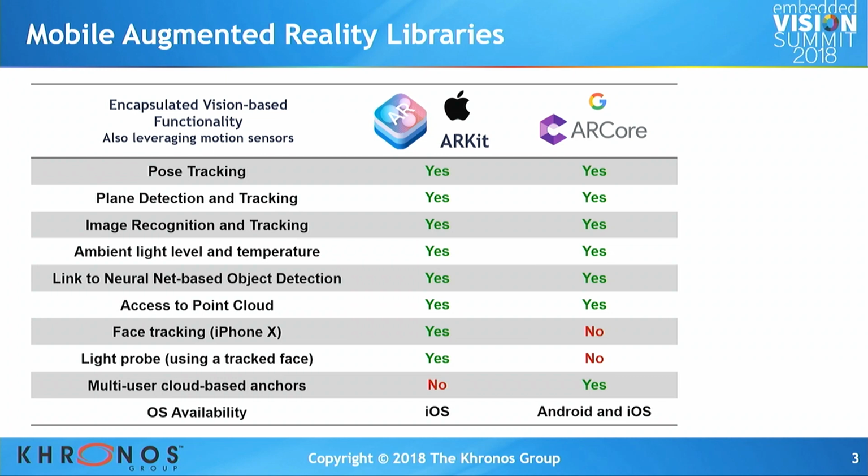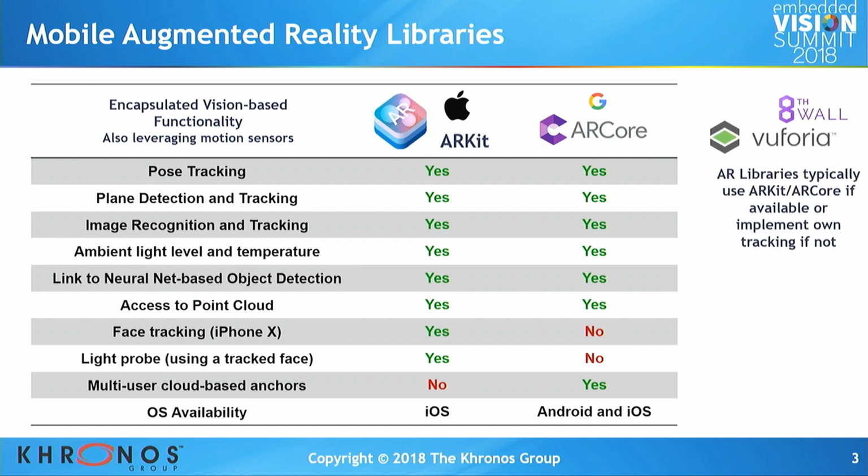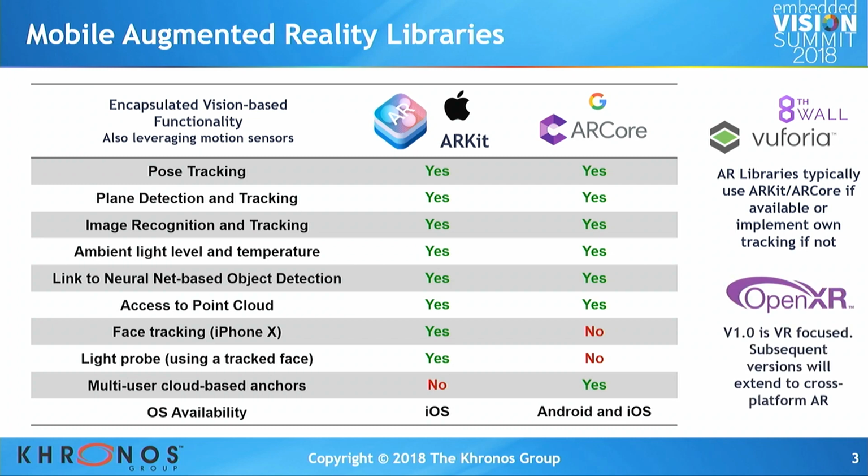So it's pretty cool. There are still third-party libraries that will build on top of ARKit and ARCore, if they're available. Or typically, if the underlying library is not available, they'll do their own SLAM processing, but they do the sensible thing, and they will take advantage of the system-provided libraries if they're there.